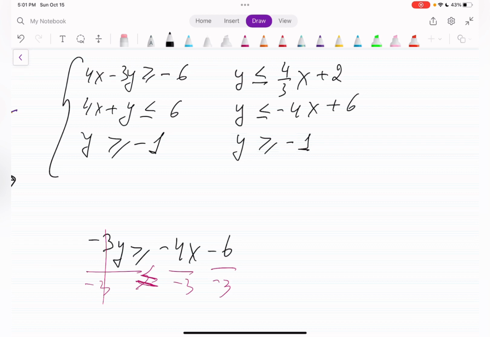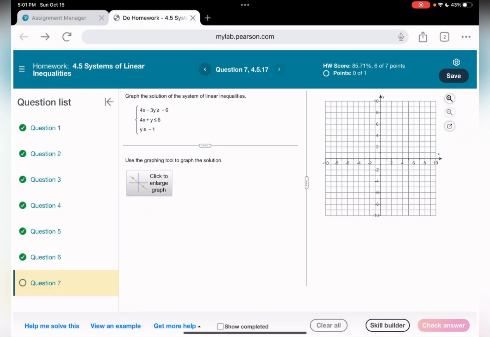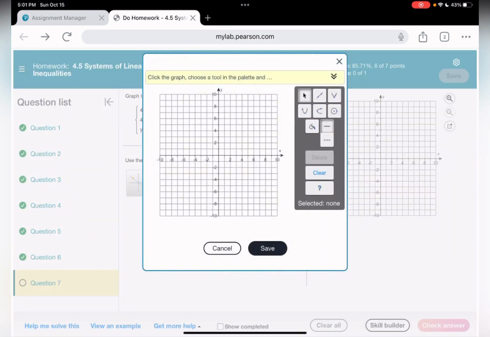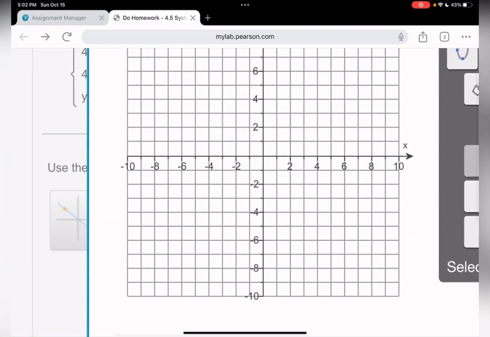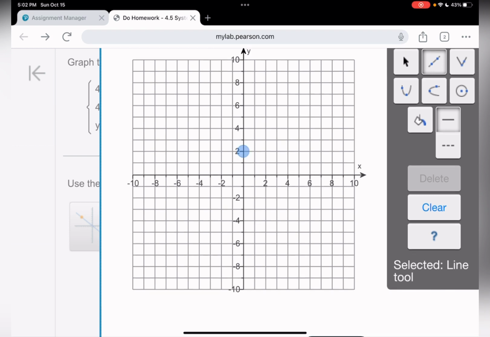So let me take the picture of this simplified mx plus b format so I can graph it. So first one is 4/3x plus 2, which means I'm taking 2, going up by 4 will get to 6, and then horizontally by 3.